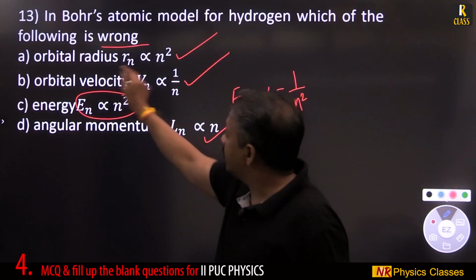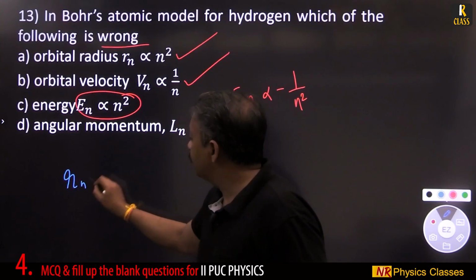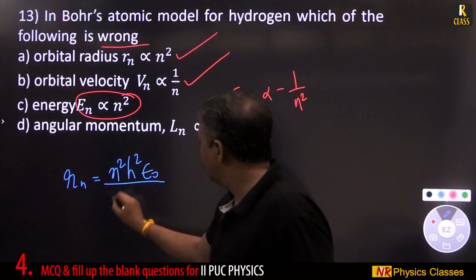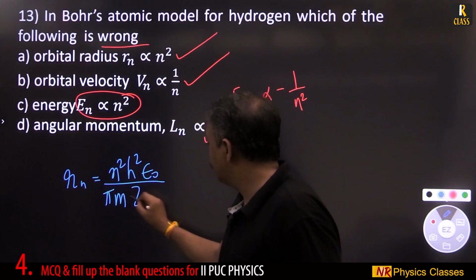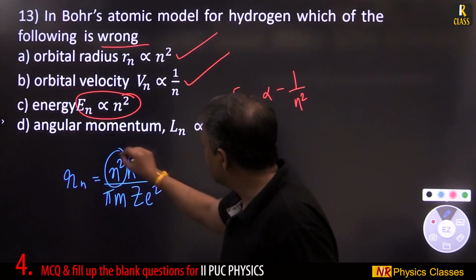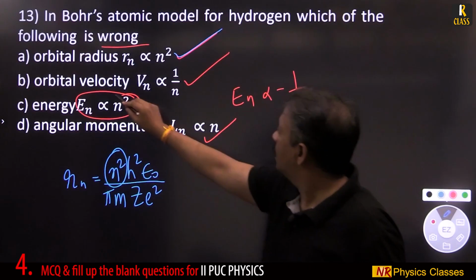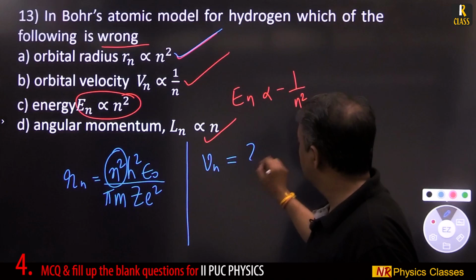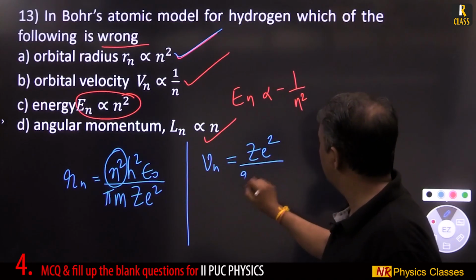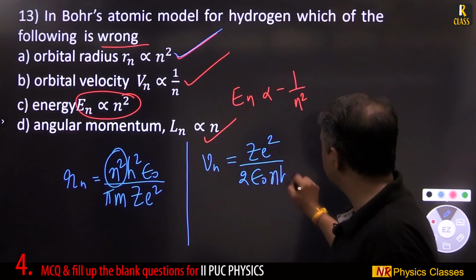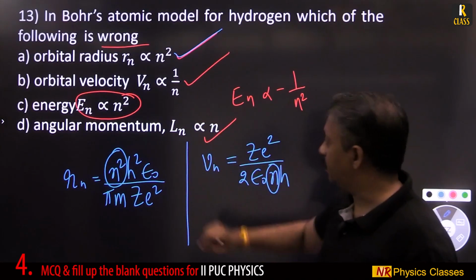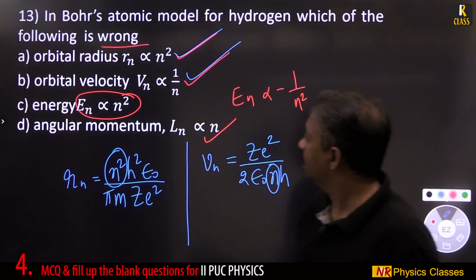See, radius is given by n square h square epsilon naught by pi m z square, proportional to n square. Orbital velocity is equal to z square by 2 epsilon naught n h, so it is inversely proportional to n. Correct statement.